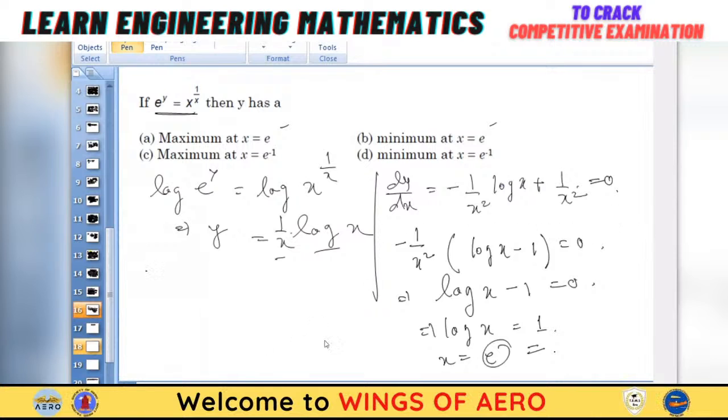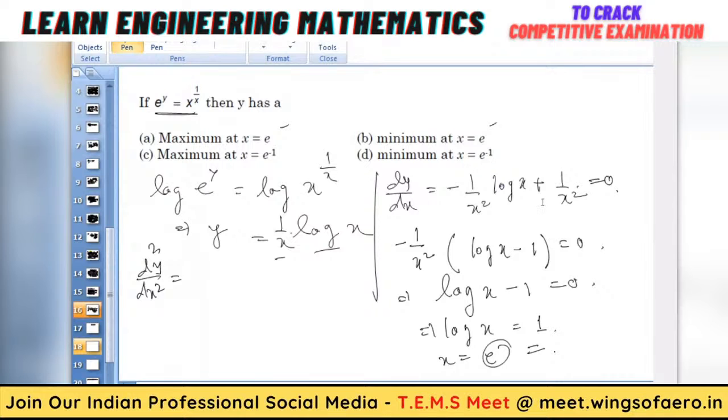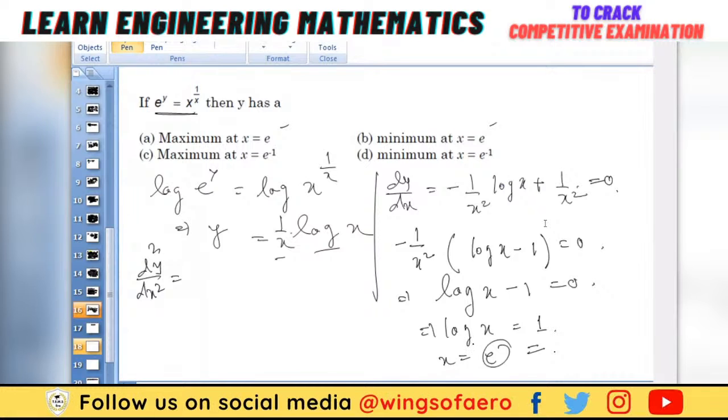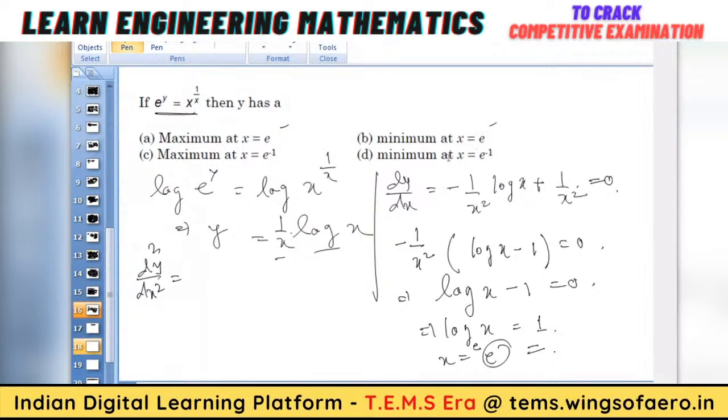Now you find the second derivative. Excuse me, sir. The antilog of 1 is e, sir? Yes. But when I am seeing in the calculator the antilog of e, I am getting 10. In your calculator, the base is taken as 10. Shift the base to e, use ln.